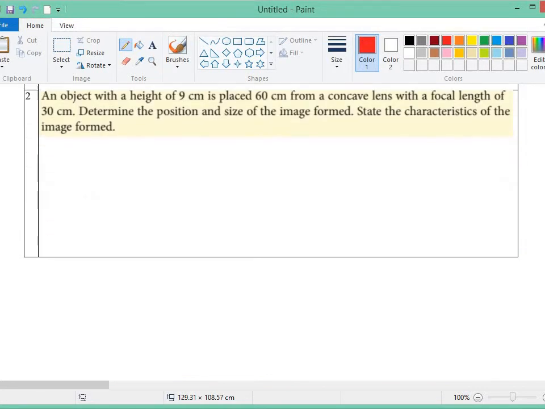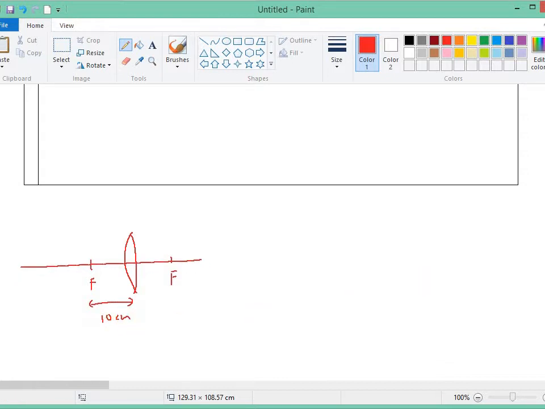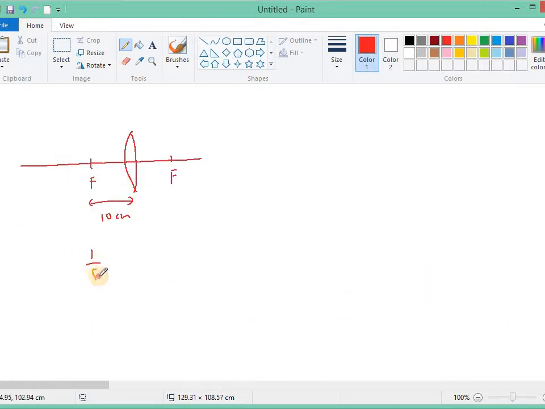For example, if this is a 10 centimeter convex lens, when we put inside the formula 1 over f equals 1 over u plus 1 over v, we put positive 10.